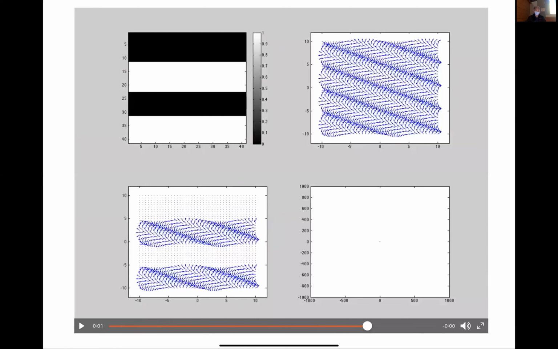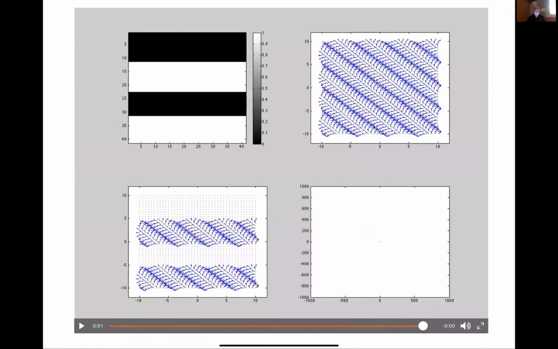With this spatial pattern I get very little Fourier component, because it's not really a good match for my object. So if I think about summing up all these spins, things are going to cancel out.